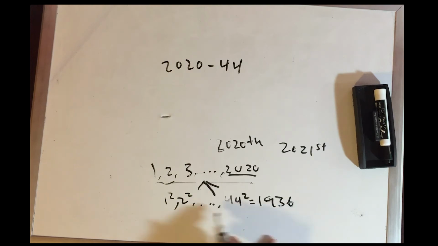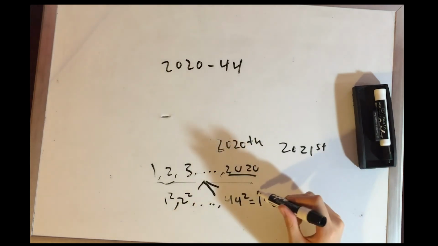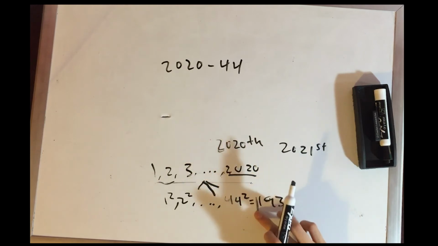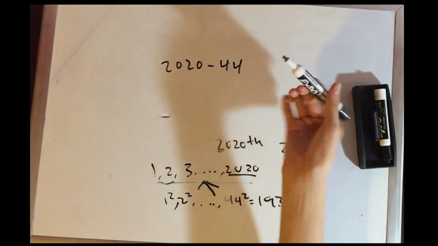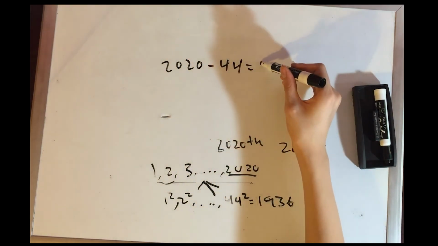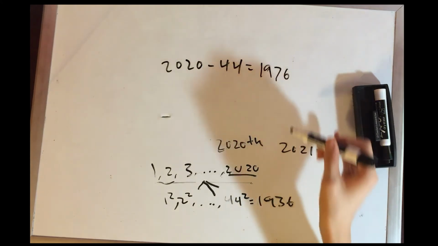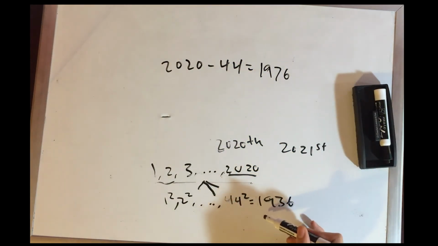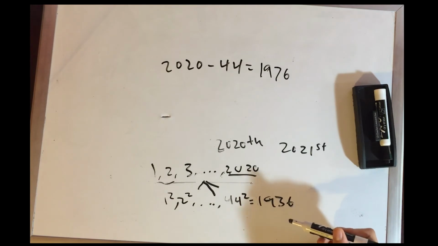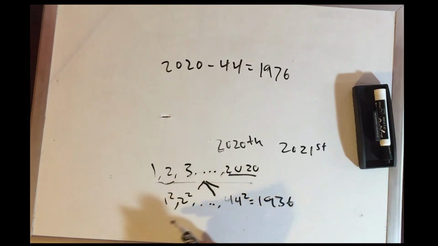And it doesn't conflict with any of the squares because 44 squared is 1936, but 2020 minus 44 is 1976. So this doesn't reach 1936 yet, and it's not going to conflict with any of the squares.